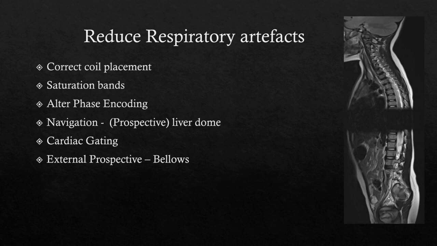And in a similar vein, you can use cardiac gating. This is usually only beneficial if you are imaging the heart. This works by triggering the phase encoding steps at a fixed time in the cardiac cycle, a little bit similar to our navigation, the prospective navigation.